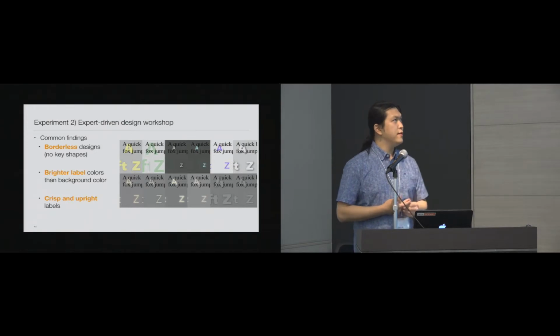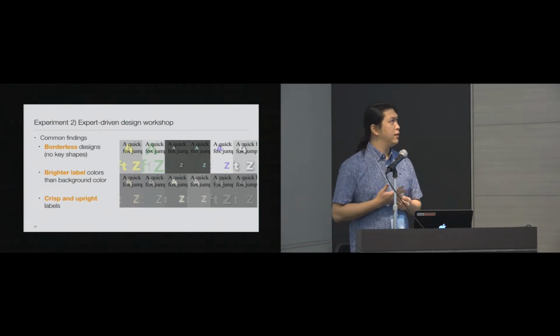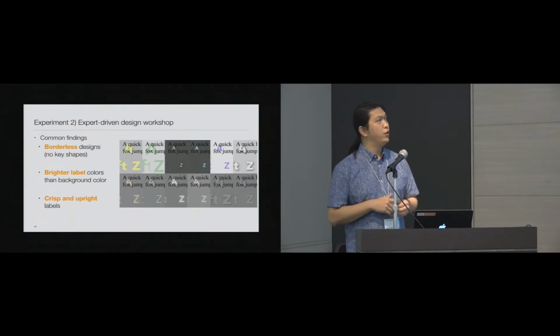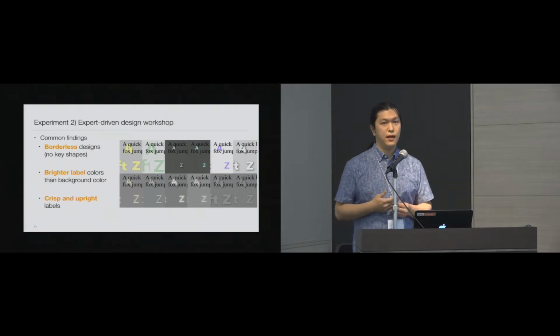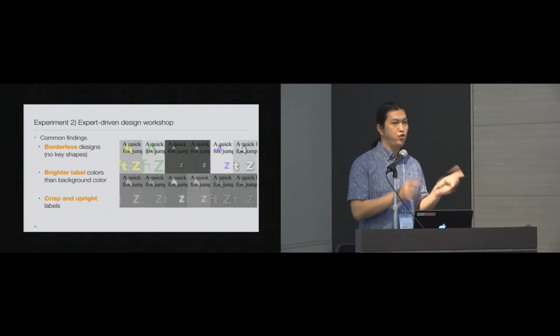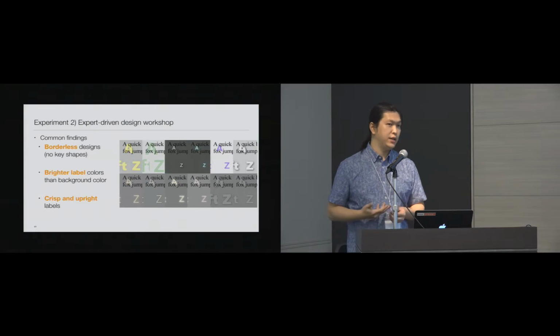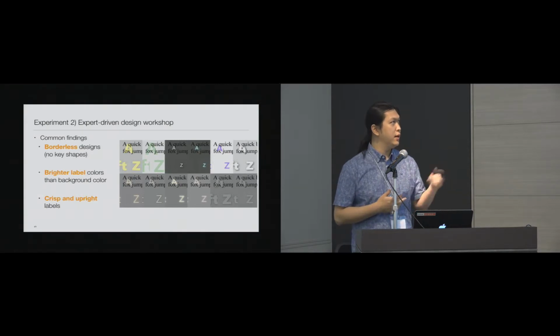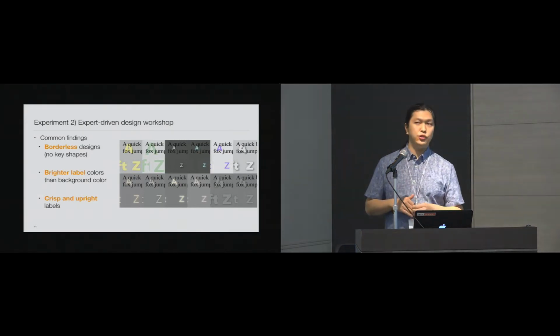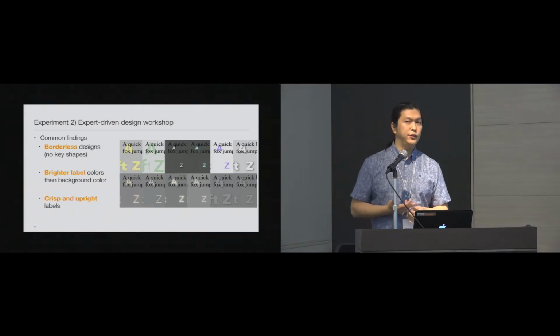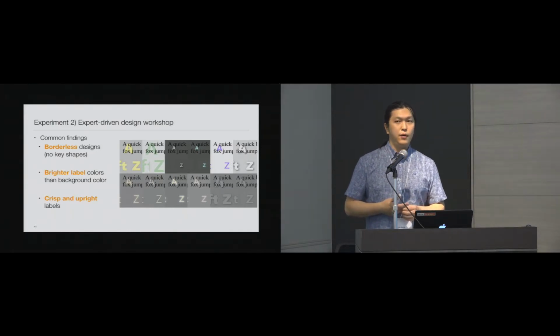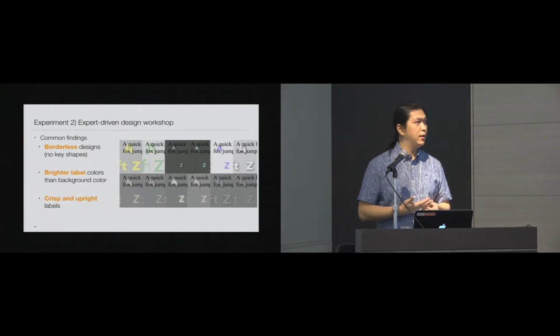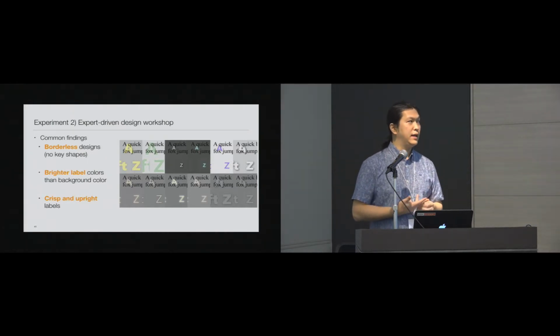And the conclusive facts found were that there are borderless designs, which means that the key shape disappears and doesn't appear in those designs. And they usually choose brighter labels than the background, because the text is usually darker than the background, and they want to discriminate the key labels by brightening them.